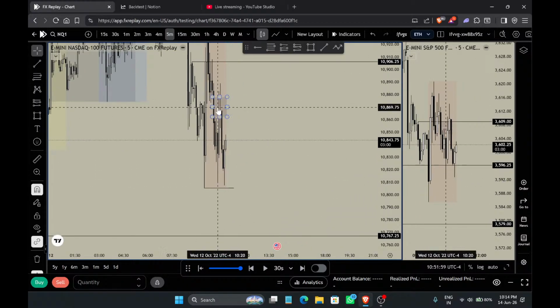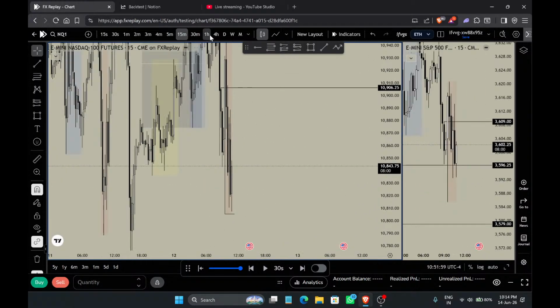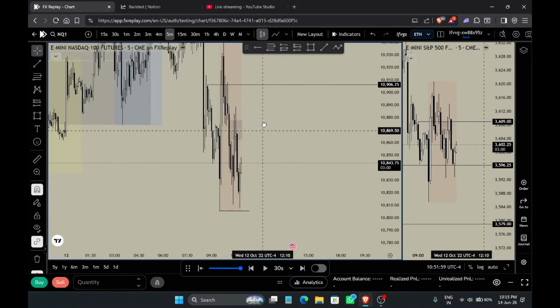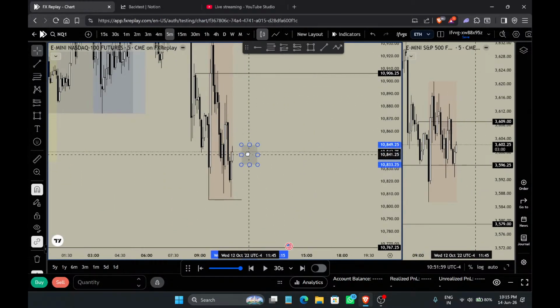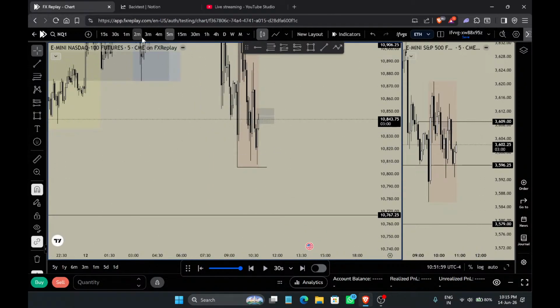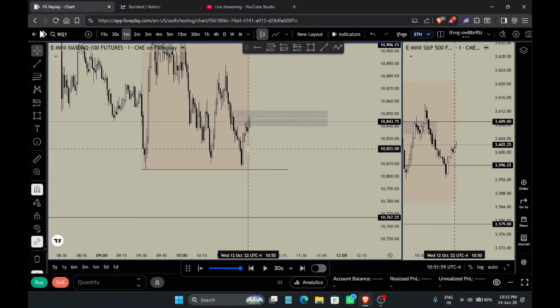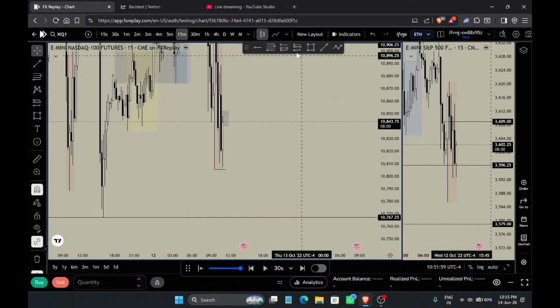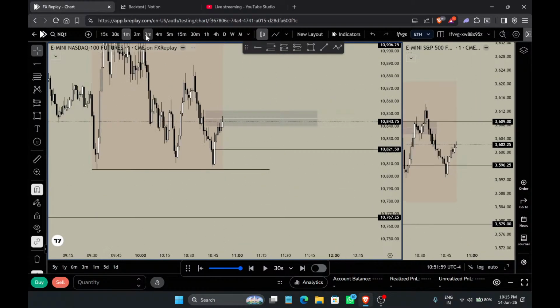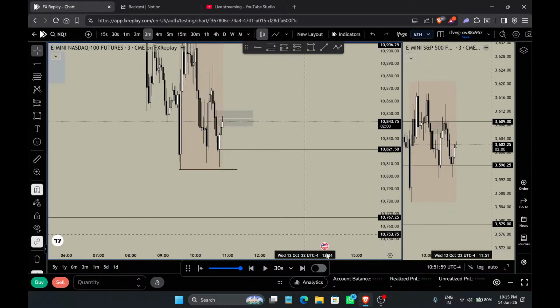We have this 5 minute which is not sponsored, but technically it is sponsored from this 30 minute. So we could take this because we have LR over there. Better trade, and we may form a PO3 from here. What do we have on the 3 minute?